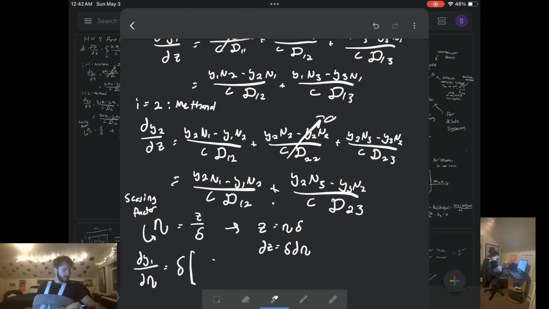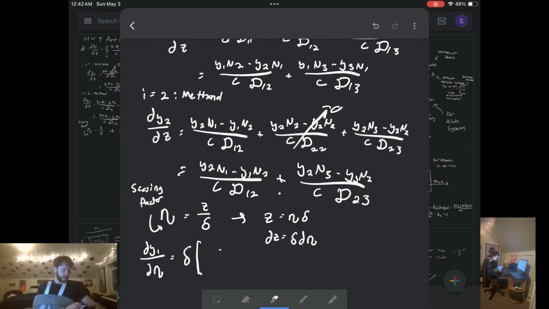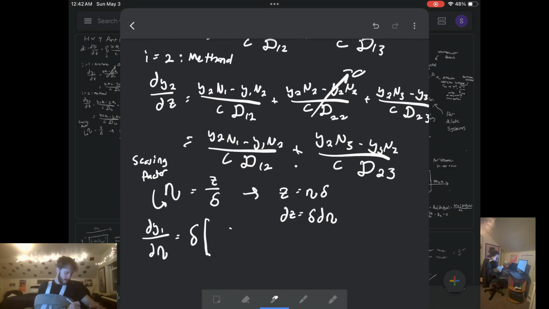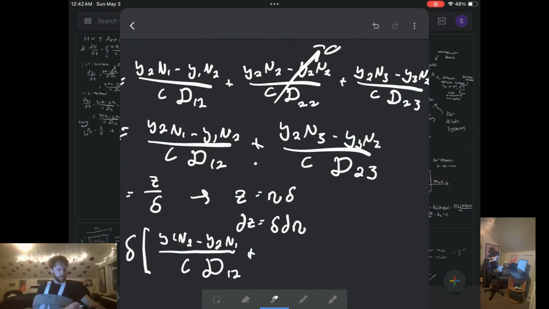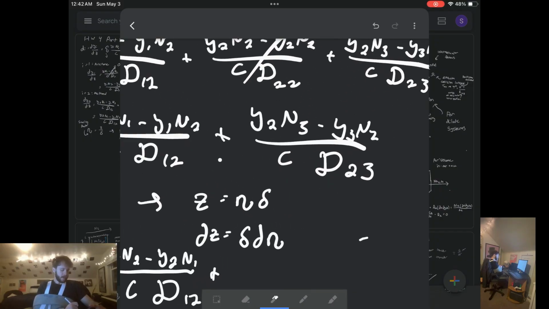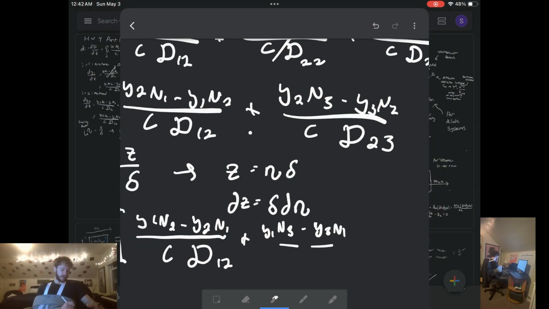So y1 N2 minus y2 N1 divided by our concentration times our diffusion coefficient, plus y1 N3 minus y3 N1 divided by our concentration times our diffusion coefficient.